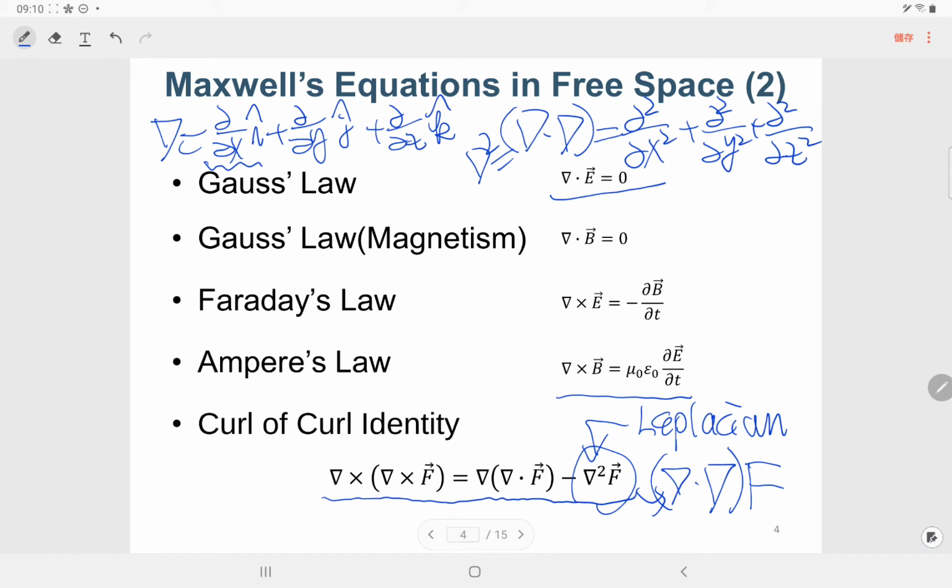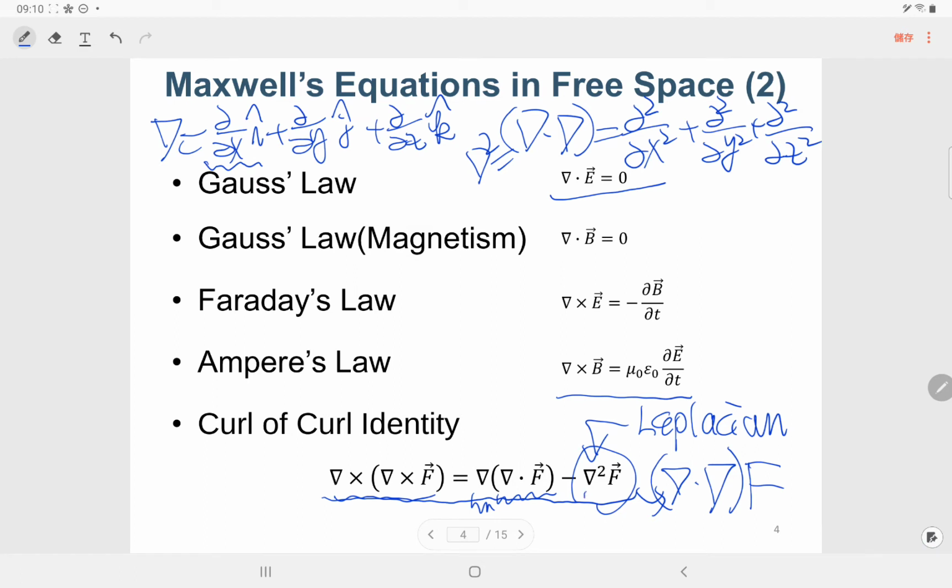And just now you know that there will be something like this in this term, but actually we subtract them. This one is the divergence of f, which makes the vector field a scalar field, and then we take the gradient again, so it becomes a vector field again.